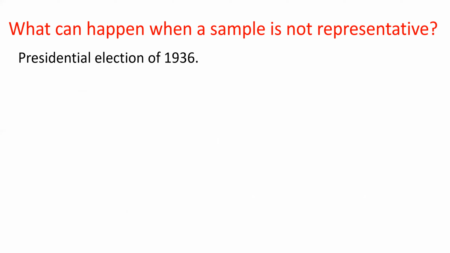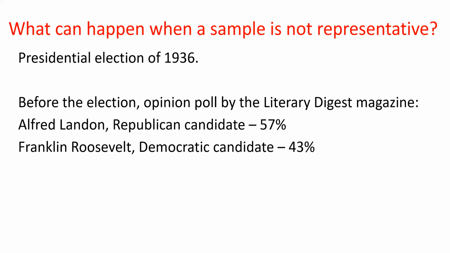In the presidential election of 1936, the Literary Digest magazine did their poll, and by their survey, they had Alfred Landon, who was the candidate from the Republican Party, gaining 57% of the votes, not the votes, but they did a poll before the voting date, and Franklin Roosevelt, who was the Democratic candidate, gaining 43%.